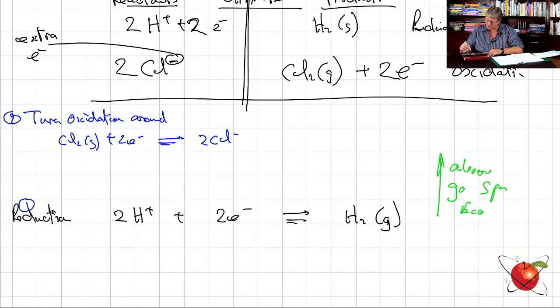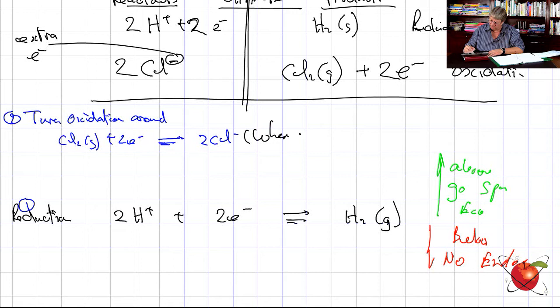The red side is going to be below. Below is no. This is endo. Okay, it's not spontaneous. And we look for where is the chlorine one. Where is this in relation to the reduction reaction?